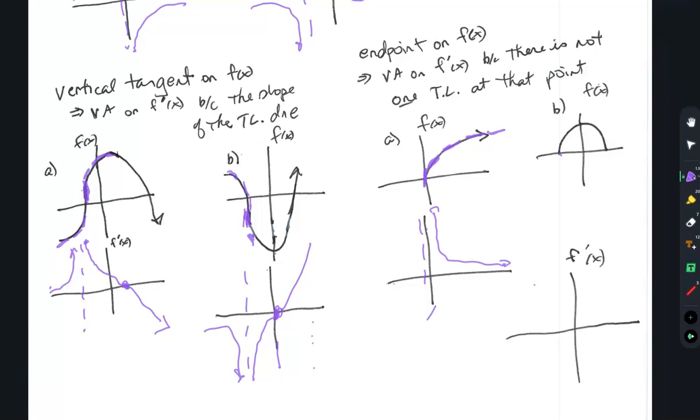So this one here, I'm going to have 2 vertical asymptotes because there's 2 endpoints. So this one here, if I drew a tangent line, again, you read a graph like you read a word, big positive, getting to 0, right? Getting to 0. And then after that is negative, negative, negative to huge negative, so it looks like that.